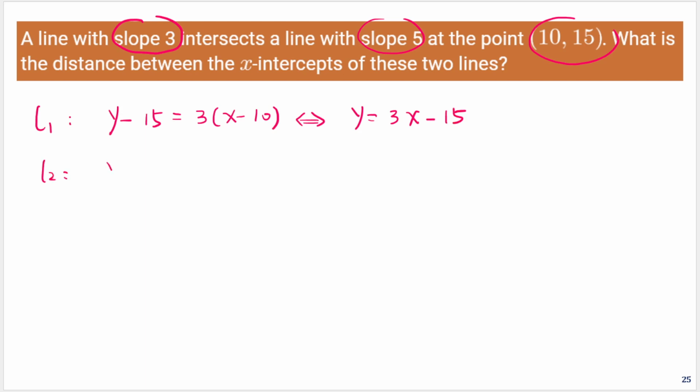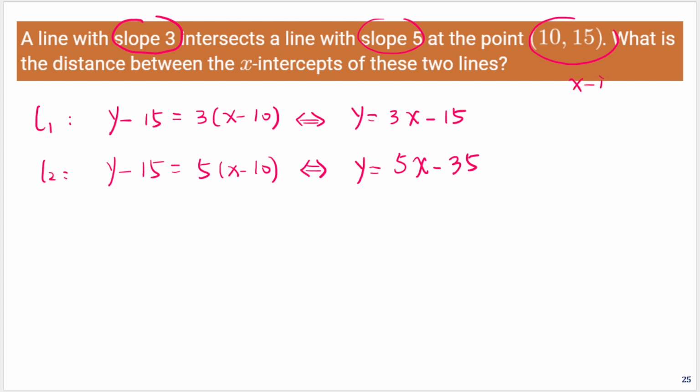The second line is y minus 15 equals 5 times x minus 10, right? And can be simplified to y equals 5x minus 50 plus 15. So that is negative 35, right? And the question asks to find the x-intercepts of these two lines.